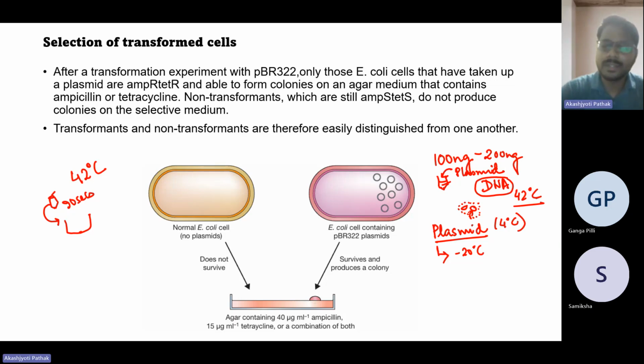And the competent cells, a glycerol stock is made. Once you have treated the E. coli cells with calcium chloride and you want to store the competent cells, glycerol stocks are prepared. These competent cells are stored in 20% glycerol stock.